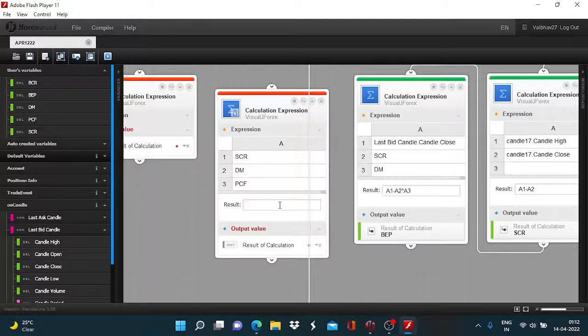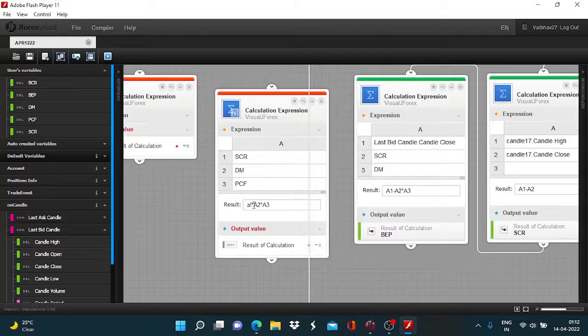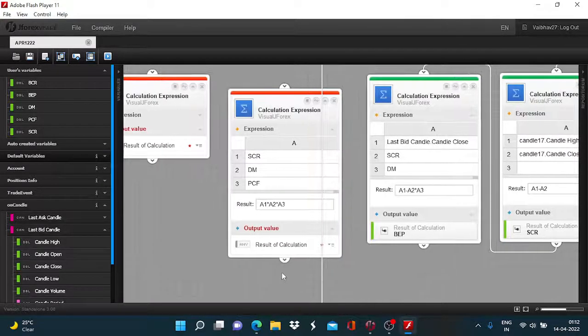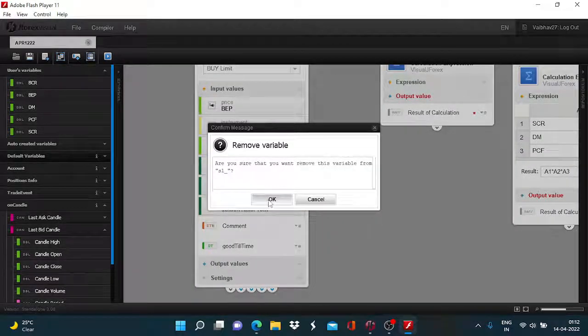So there is going to be A1 into A2 into A3. All right, and I will create the variable here.